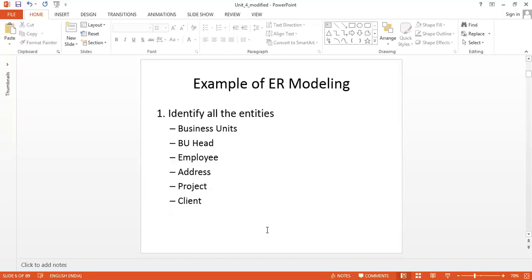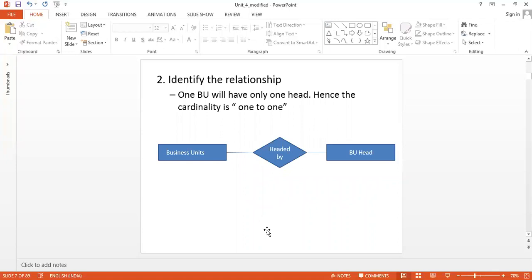So first step is identifying the entities. Consider a business organization with these following entities: business units, business unit head, employee, address, project, and client. The second step is identifying the relationship among these entities. So here in the diagram, we can see business units headed by a business unit head.